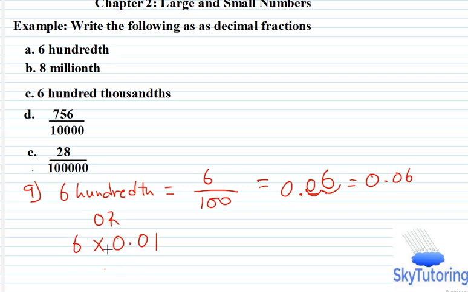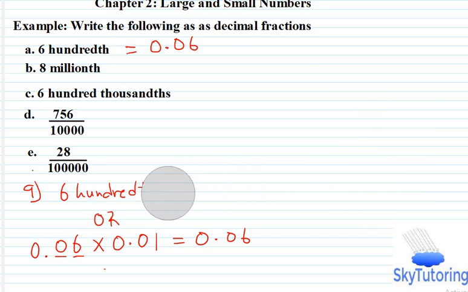I will move 2 places to the left. Why am I moving 2 places? Because I have 2 zeros there. So I'll put my decimal point, and that will be 0.06. So you can see that we have the same answer. Whichever way you choose to do it, it will be correct. So our answer here will be 0.06. Now let's see the next example.